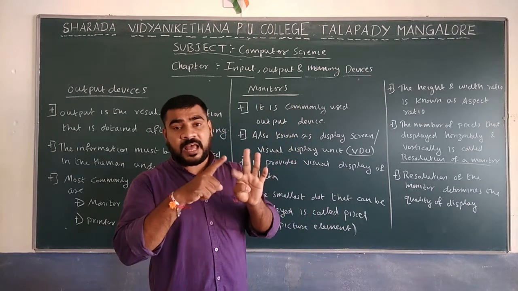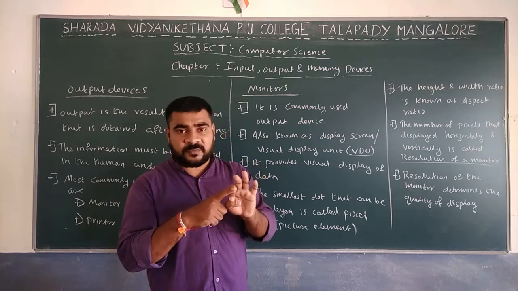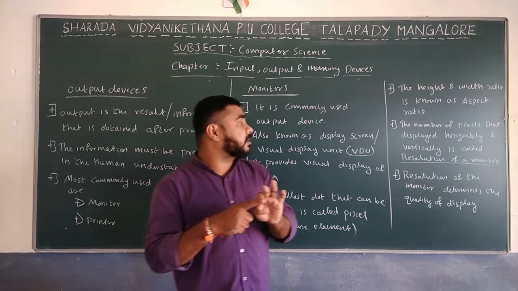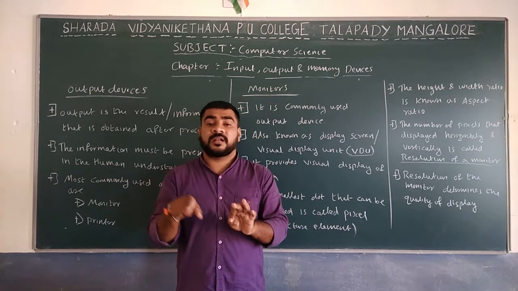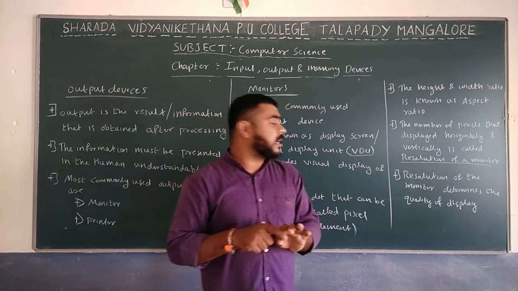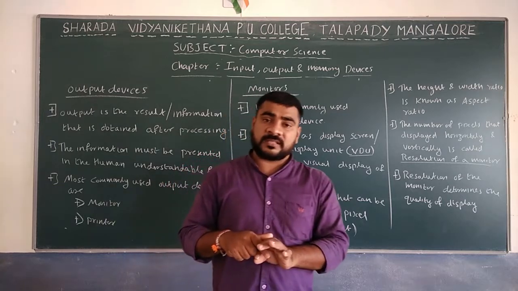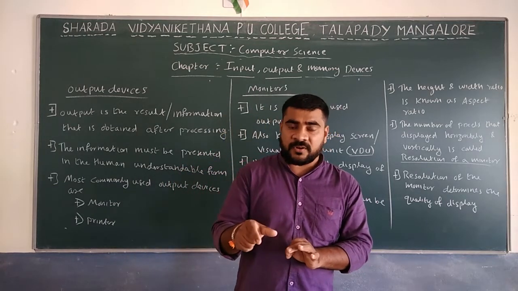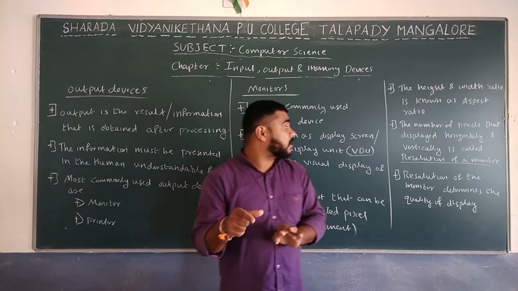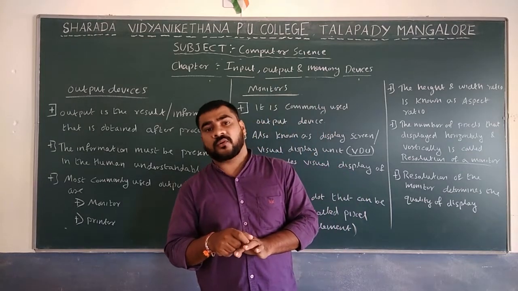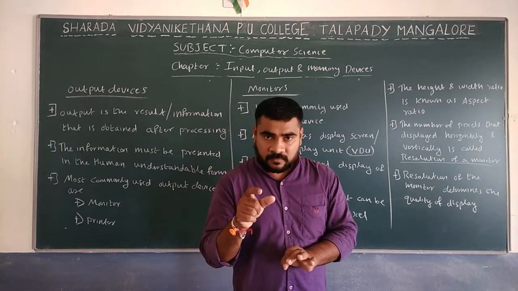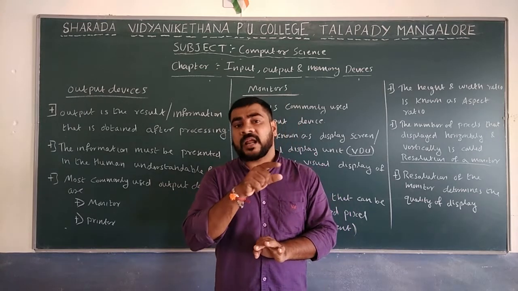The next one is aspect ratio. Aspect ratio is the height and width ratio. If you take the monitor, the height and width ratio is known as aspect ratio. The next one is the resolution of a monitor. What is the resolution of a monitor? It is the total number of pixels displayed horizontally and vertically.